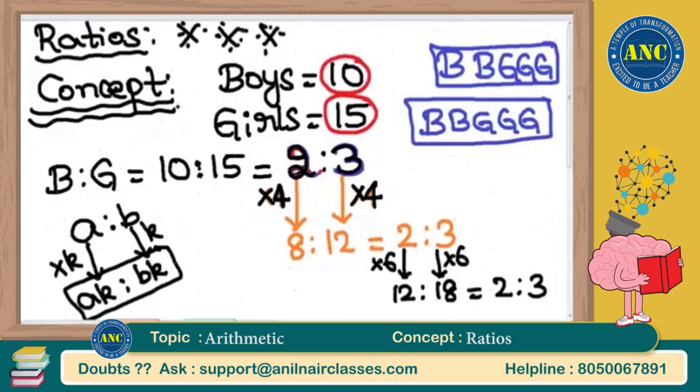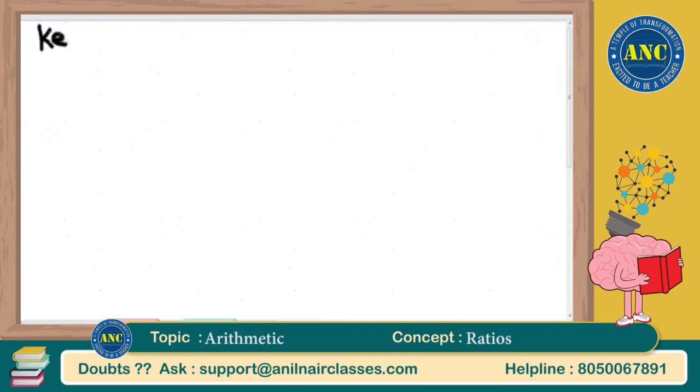If one term in the ratio is multiplied by some constant, all the other terms should also be multiplied by the same constant, with an exception. That exception we will see in problems. I hope it is very, very clear for the people who are watching this video. There are a few key points that we will understand before moving on to problems.